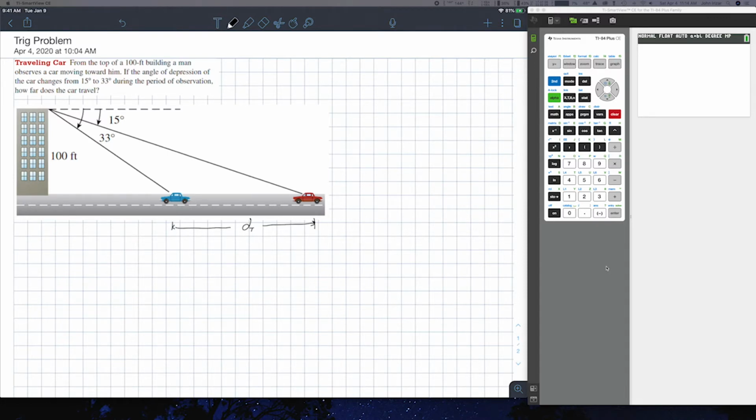Now, in order to find that, we first, using trigonometry, will have to figure out the total distance that the car is initially, which I will call d sub 1, and subtract from it the distance from the building to where the car is at the second observation. So from here, we can see that our distance traveled will equal d1, its initial position, minus d2.